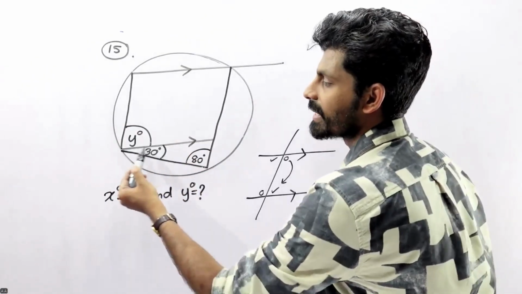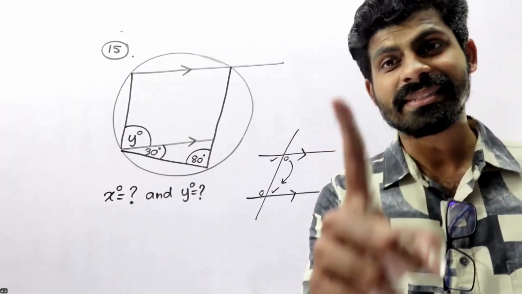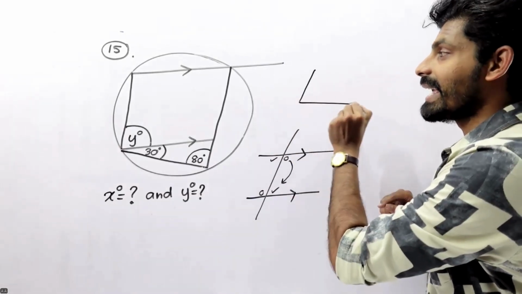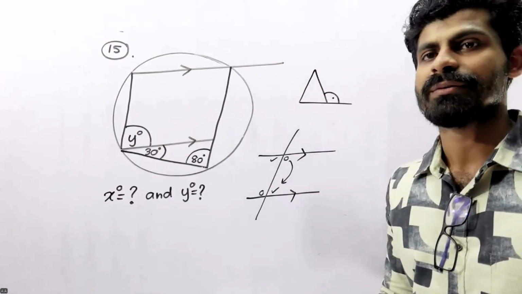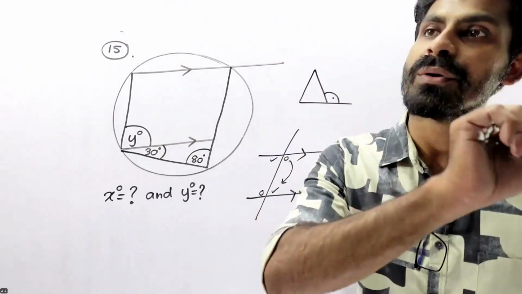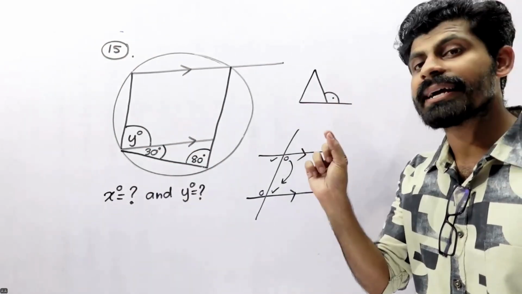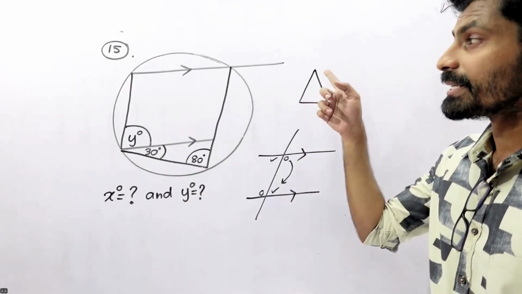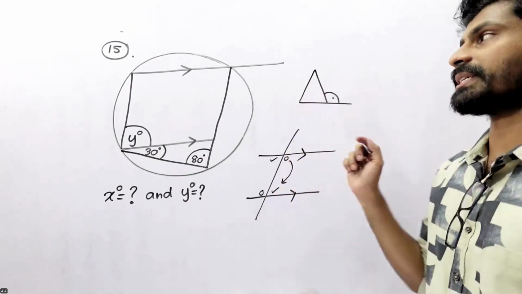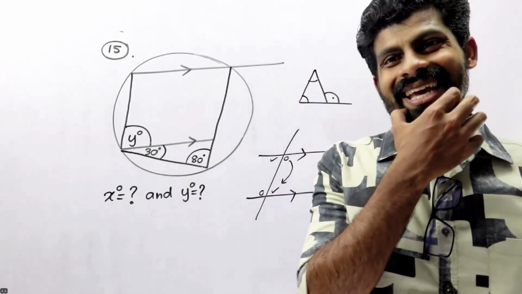Just consider this triangle. There is a theorem: when you draw a triangle and extend one line, the exterior angle equals the sum of the interior opposite angles.